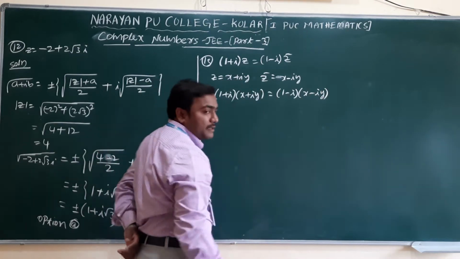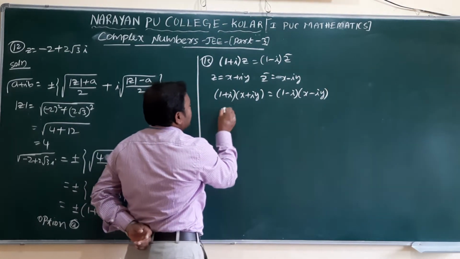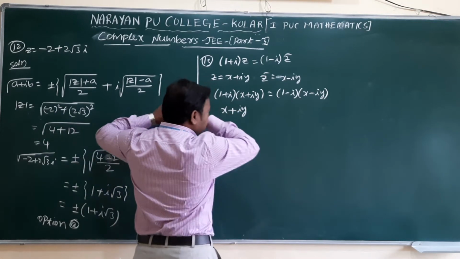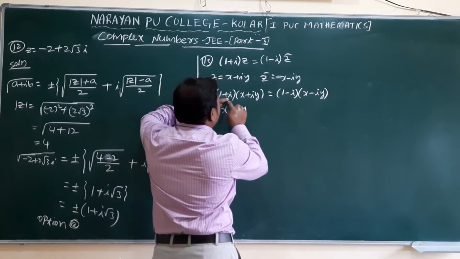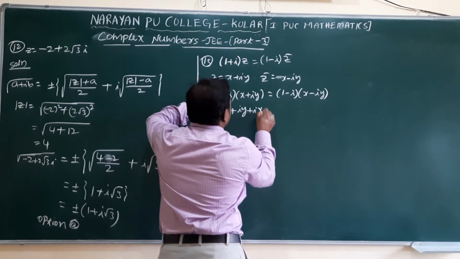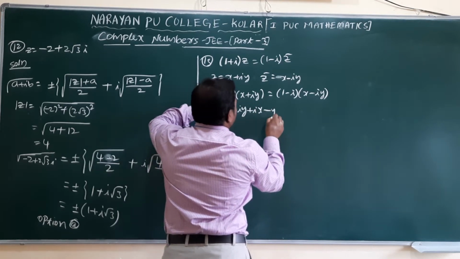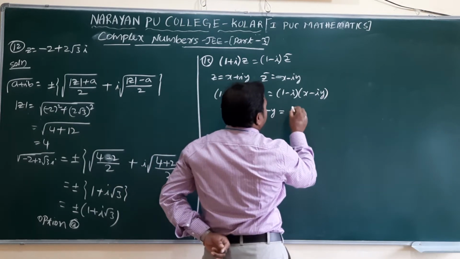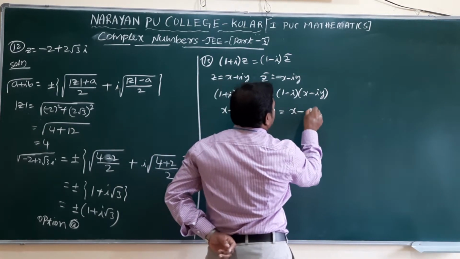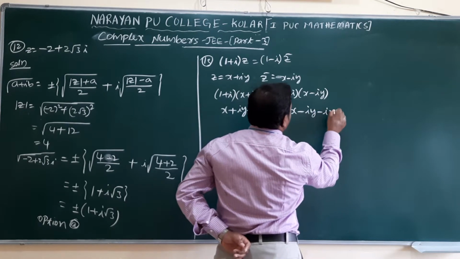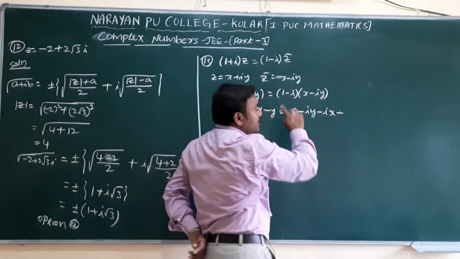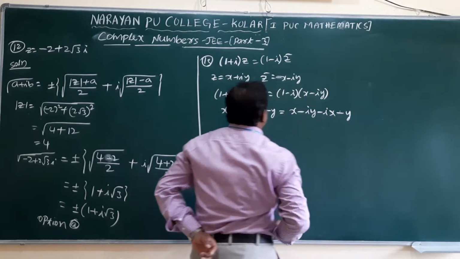So multiplying here, 1 into x plus iy plus i into x plus iy is equal to 1 into x minus iy minus ix plus i square y, getting minus y.